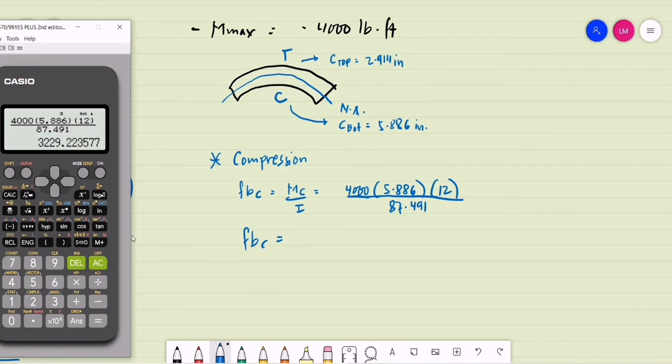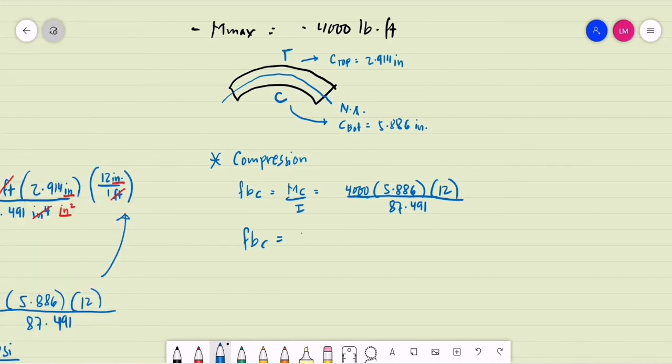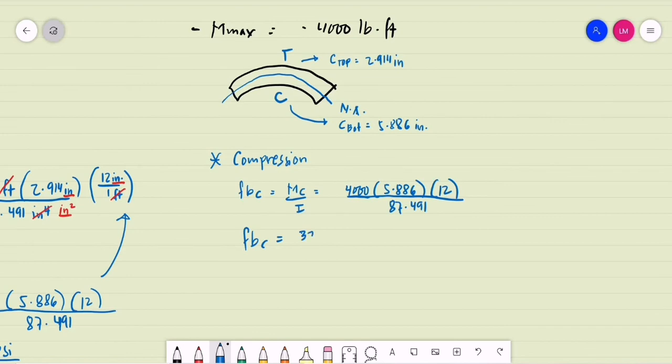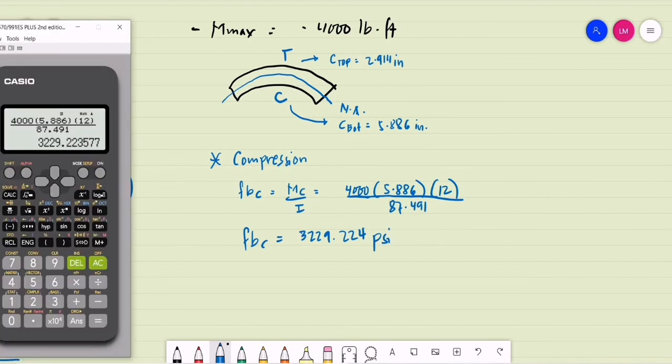And we have that as 3,229.224, the same as the PSI. 3,229.224 pounds per square inch.